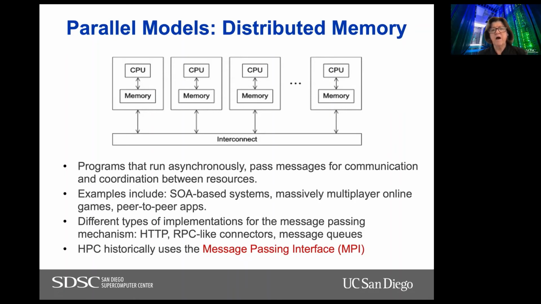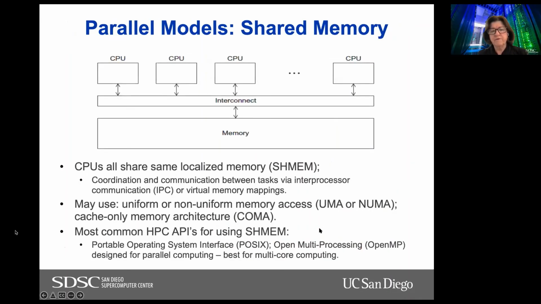And that's the MPI model. And also distributed services, SOA, web-based online games, peer-to-peer apps, and there's a lot of different distributed memory models. For us, we use MPI, message passing interface, to interconnect the nodes that would be sharing data. And it's optimized for every machine.